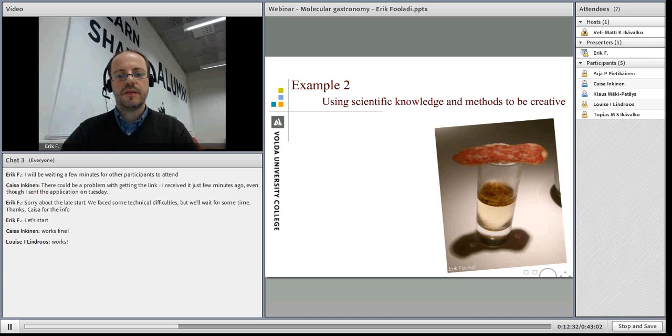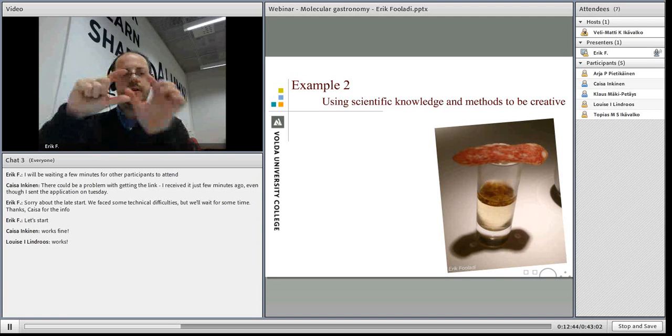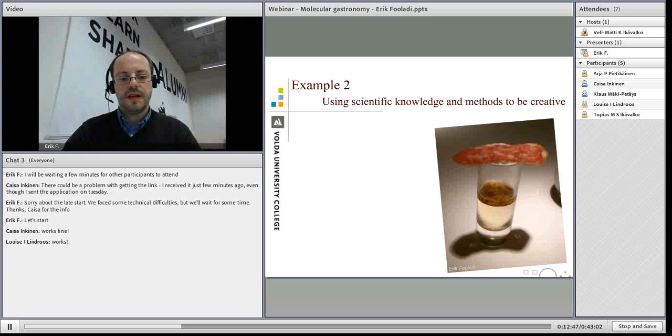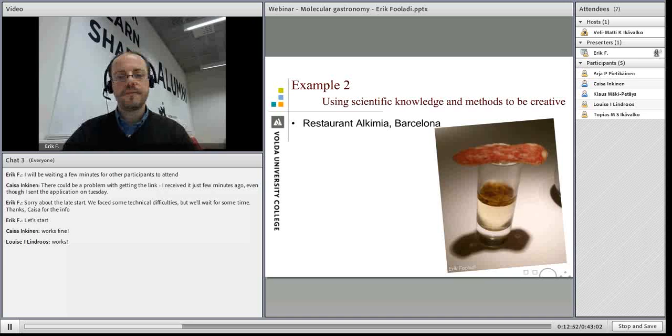For instance, I went to a restaurant in Barcelona a few years ago, and I got this dish. It's a very small dish. This is a shot glass, so it's not bigger than this. And we got it between two other dishes, two courses. It's a restaurant called Alchimia, and they are quite inspired by molecular gastronomy or that way of thinking.